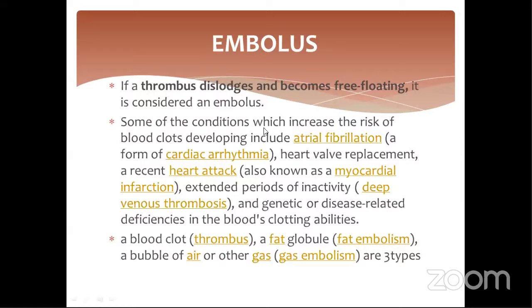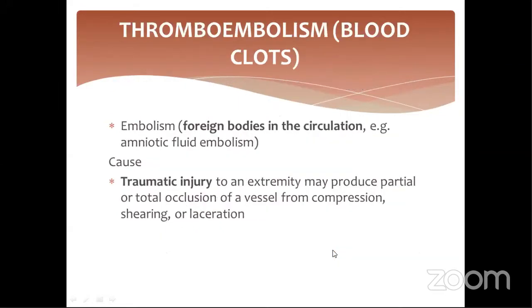Some of the conditions which increase the risk of blood clots developing include atrial fibrillation, heart valve replacement, and extended periods of inactivity, that is DVT. Blood clot, fat globule, and gas embolism are the three types. So thromboembolism, that is a blood clot.